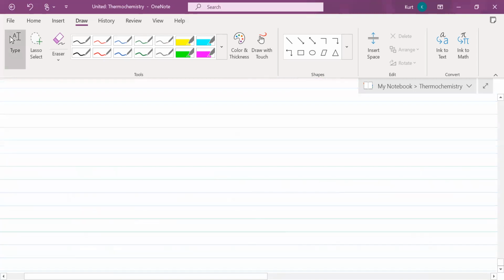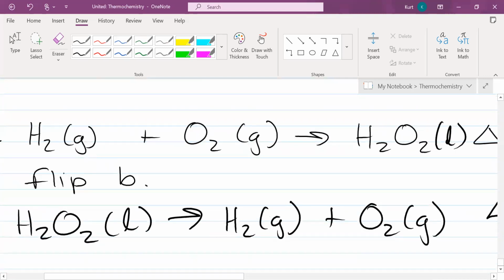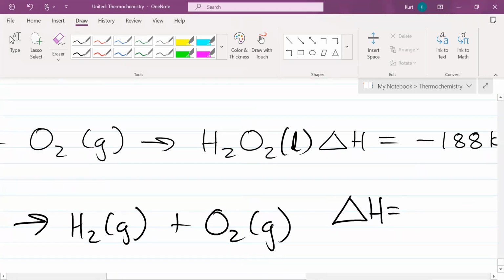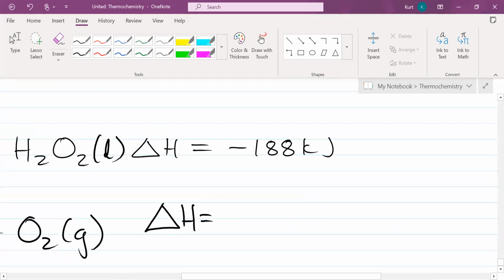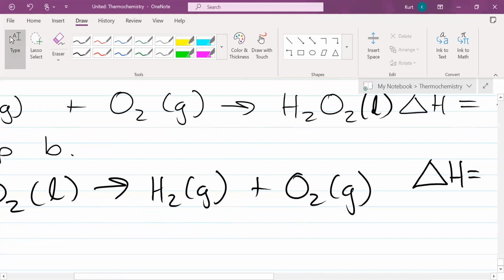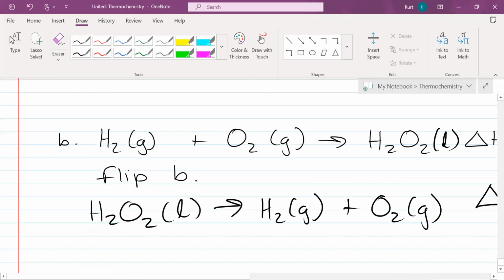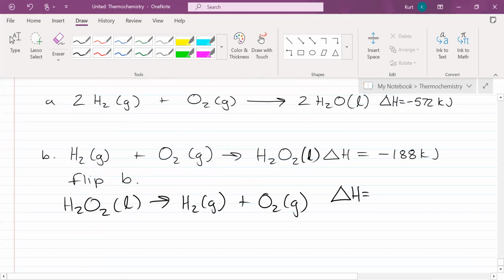Currently in B, it's H2 plus O2. H2 plus O2 yields H2O2 with an enthalpy change of negative 188 kilojoules. What did we do to B to put the peroxide as a reactant?